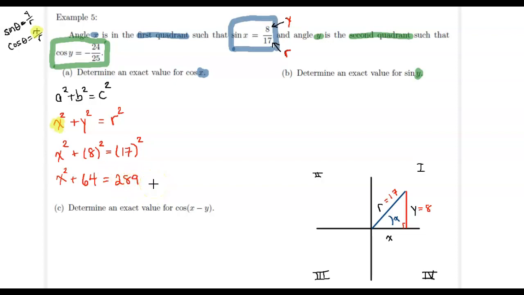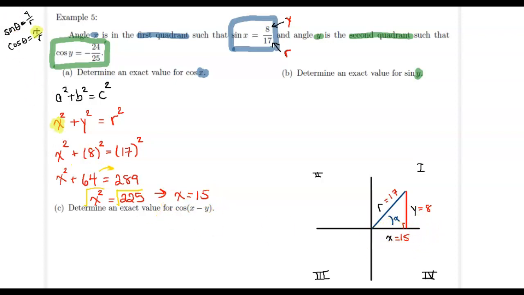When I bring over that 64, x squared will be equal to 225, because it was 289 minus 64. When I square root both sides, that will give me an x value of 15. That means this x is equal to 15.